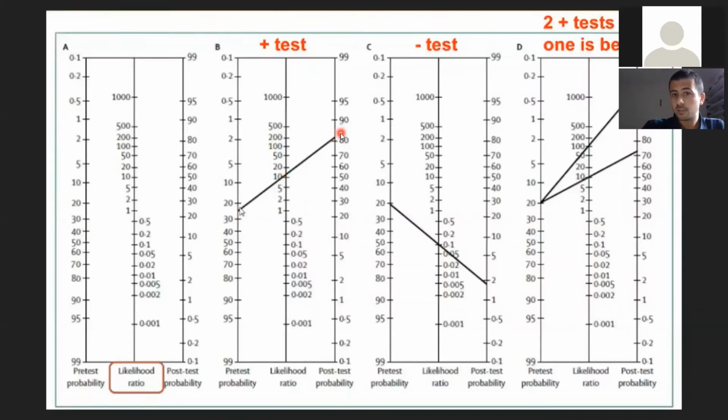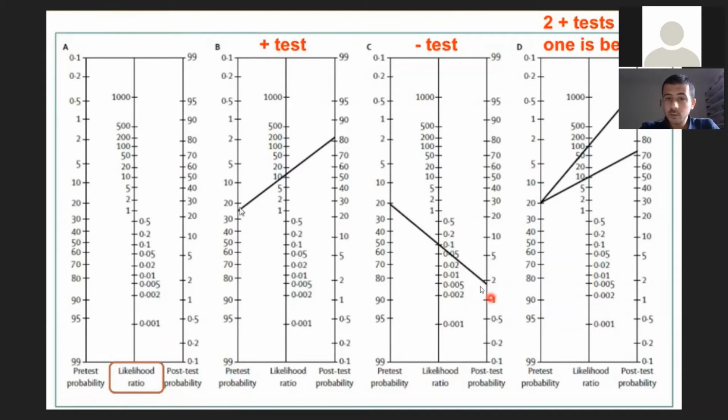Then my probability increases to more than 80%. With the same numbers, if my suspicion of that disease is just 20%, and I order the test and the result is negative, the probability will decrease to 2%.